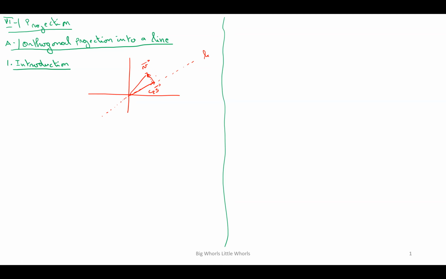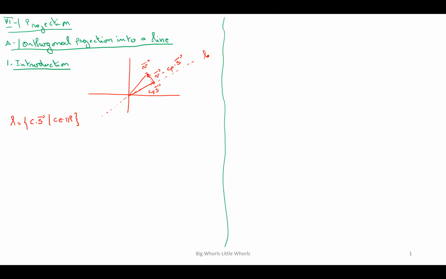Based on the parallelogram rule for adding two vectors, we know that this vector is going to be V minus Cp of S. Our line L is the span of the vector S; the line L is spanned by the vector S. C is just a constant, an element of R. Now let's calculate Cp.